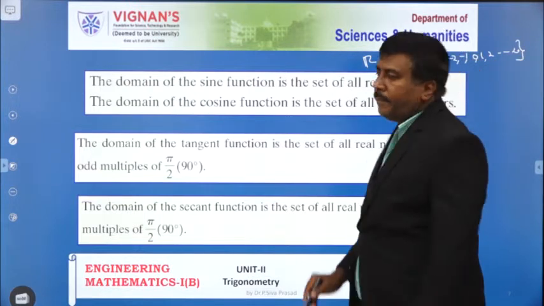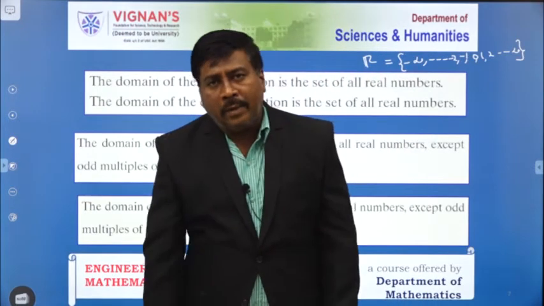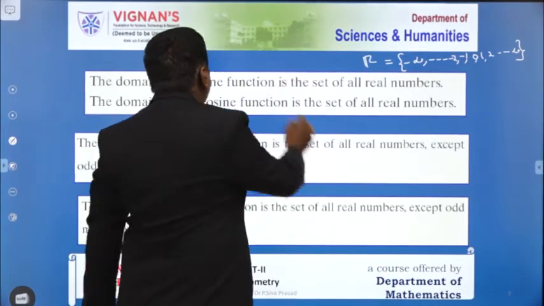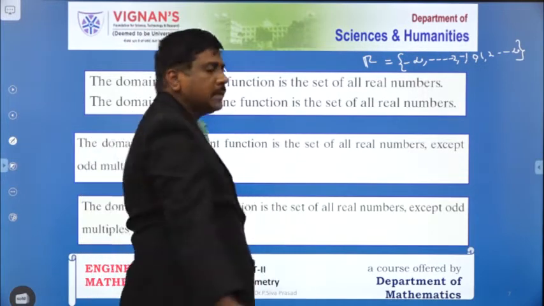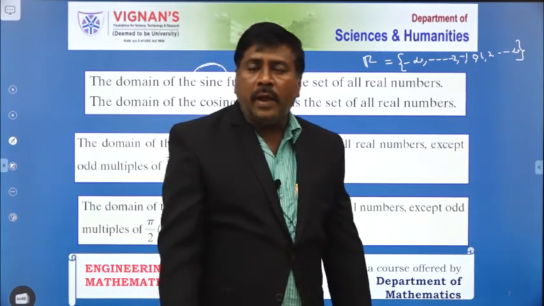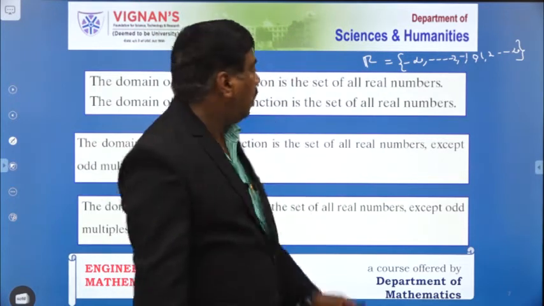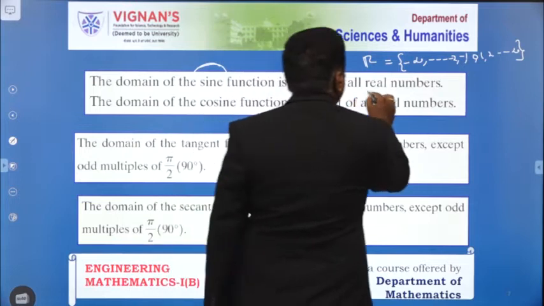All of you catch the point. Now this is the real number system. So whatever values you consider, all those values you can take for sine. That is why the domain of the sine function is the real number system, capital R.